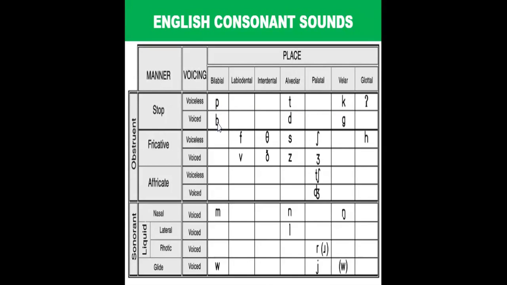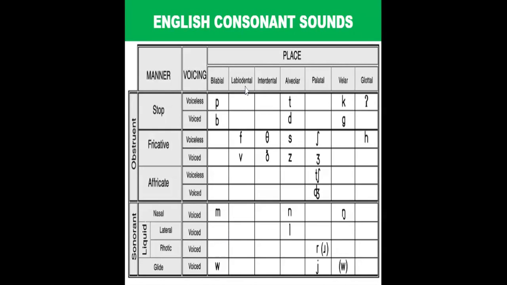And then the same applies to B. Then talking about bilabial, you have M, which is a bilabial nasal. P and B are bilabial stops. M is a bilabial nasal, and W is a bilabial glide, if you like, or semi-vowel.